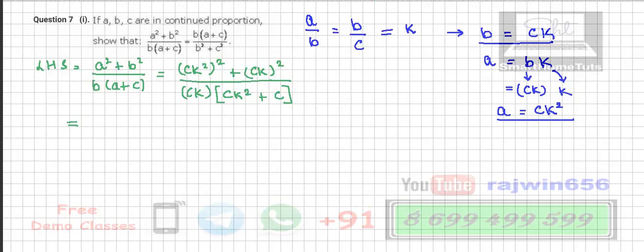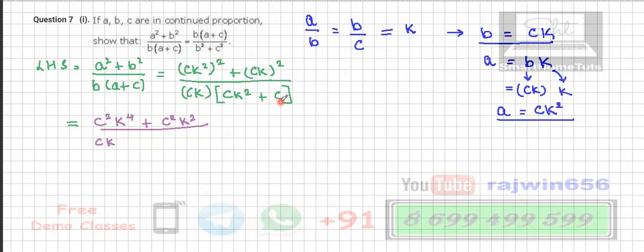This is equal to, okay, this is going to become C square K raised to 4, plus this is C square K square, divided by this CK, I will keep it like this only.